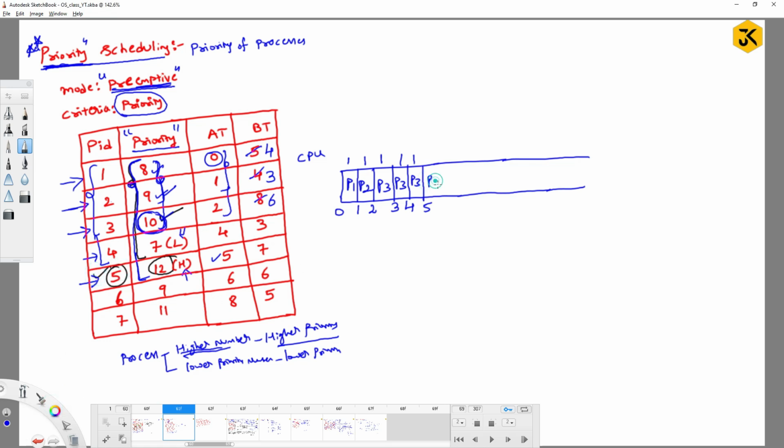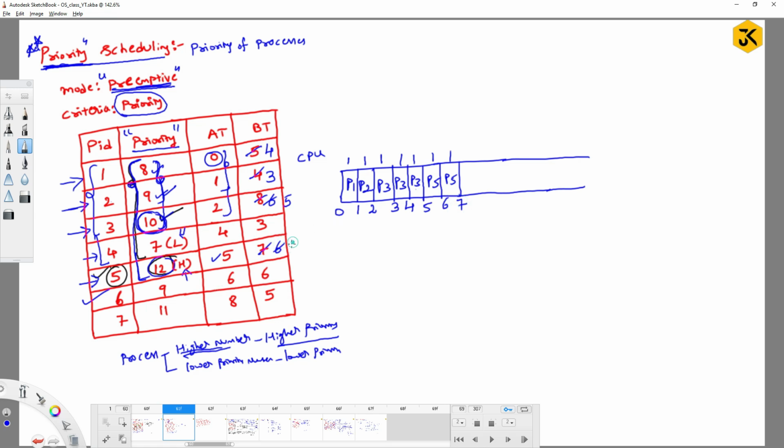P3 has completed 3 times here, so it is left with one more unit. P5 got the chance and is allocated 1 unit of time, decreased by 1, and it completes by 6. By the completion of 6 units, P6 is also added to the ready queue, but priority is given only to P5. P5 will execute for 1 unit of time and complete by 7.